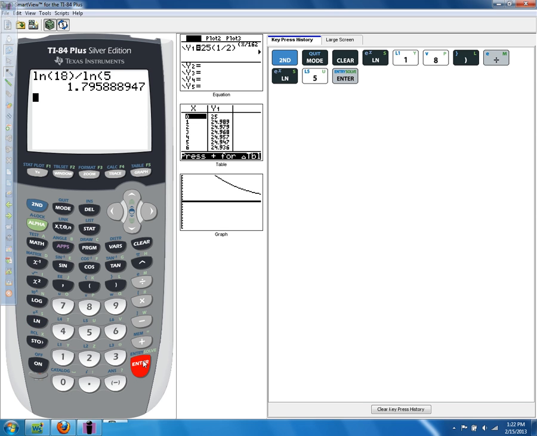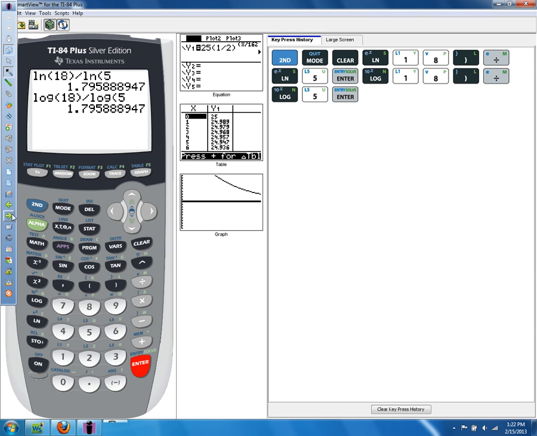And hit enter, and I get my answer. And I could do log base 10, so I could say log base 10 of 18, and divide that by log base 10 of 5, and I should get the same thing. All right, cool. So you just type straight in the calculator just like it looks. All right. Okay?